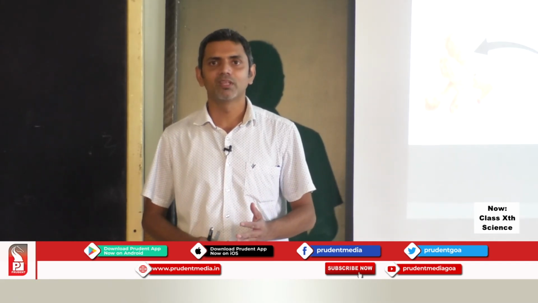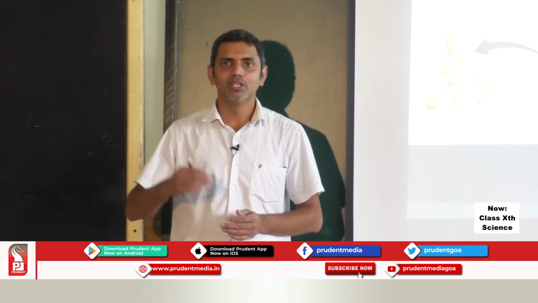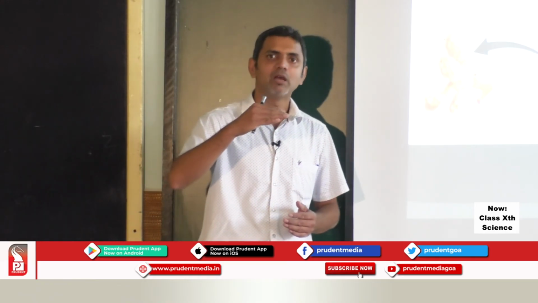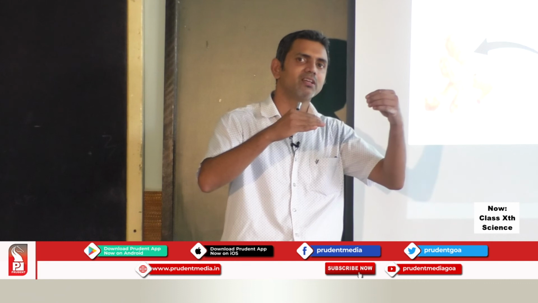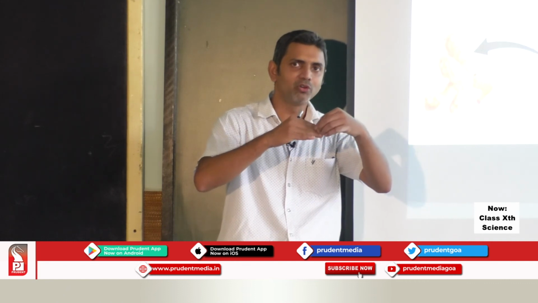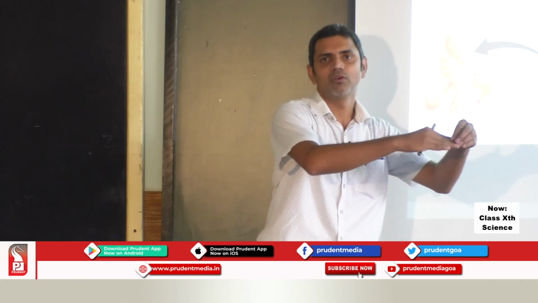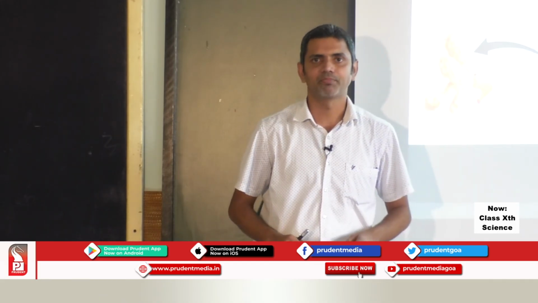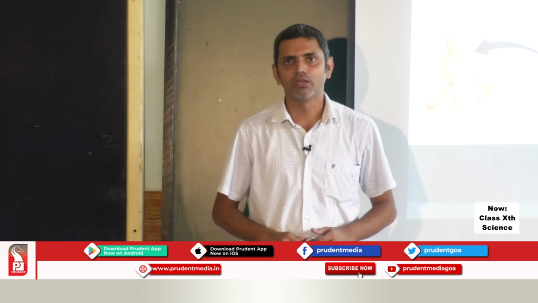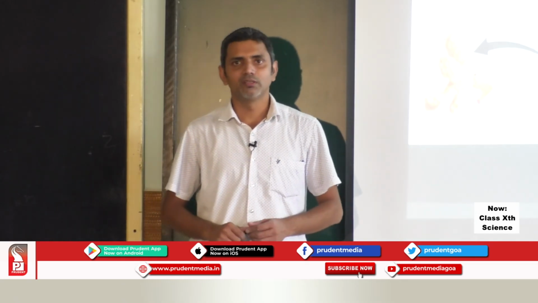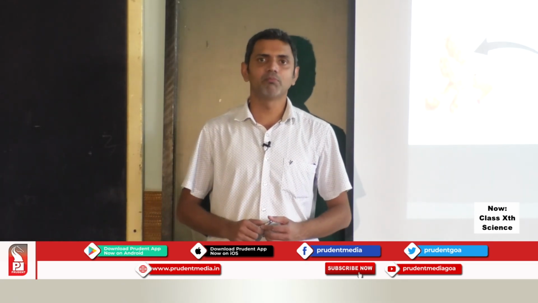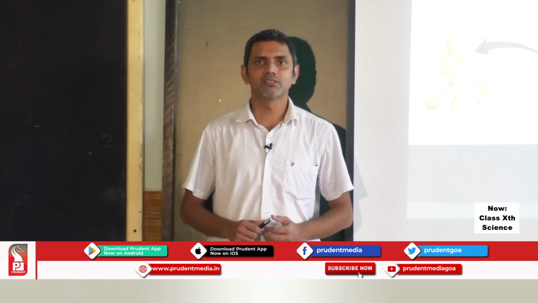Hemoglobin binds oxygen. When oxygen is taken in, hemoglobin binds it and oxygen is transported in our body. In our body we have the pumping organ, which is the heart.